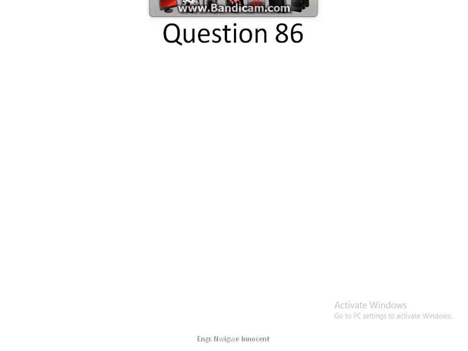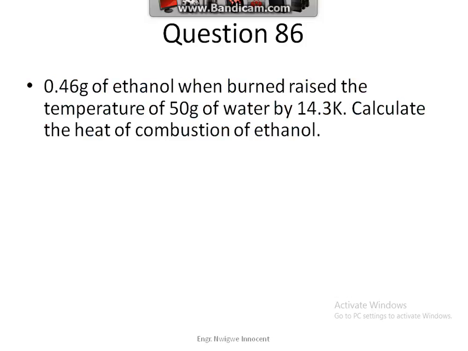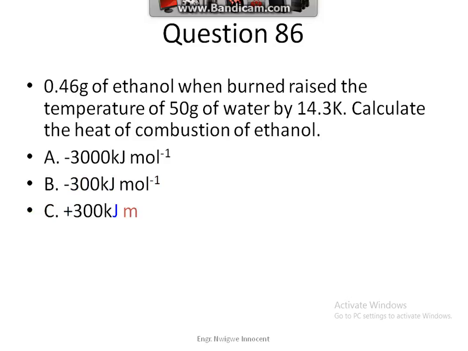Question 86. 0.46 gram of ethanol, when burned, raised the temperature of 50 gram of water by 14.3 Kelvin. Calculate the heat of combustion of ethanol. A. Minus 3000 kJ per mole. B. Minus 300 kJ per mole. C. Plus 300 kJ per mole.